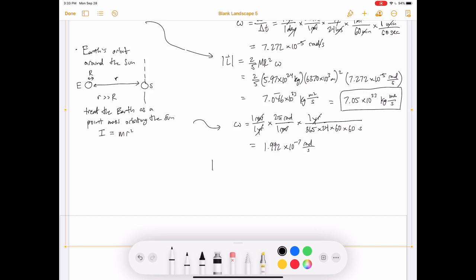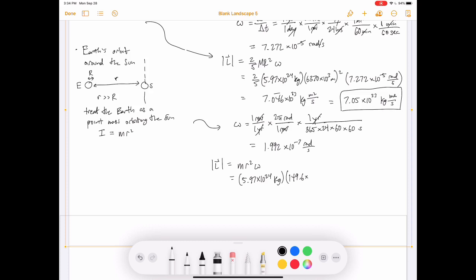Okay, so L, remember, is I times omega, where I is mr squared, times omega. So we have the mass of the Earth, 5.97 times 10 to the 24 kilograms, times r, which is the distance between Earth and the sun, 149.6 million kilometers.